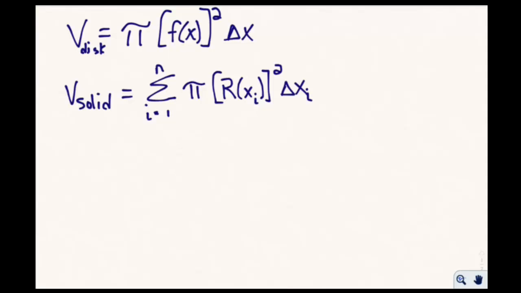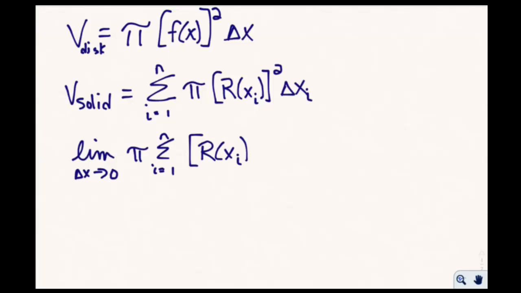Okay, as we make the width smaller and smaller, which means we increase the number of disks, we end up with the limit as our delta x goes to 0, meaning our disks are thinner and thinner, of pi times the sum from i equals 1 to n of r of x sub i squared times delta x sub i.